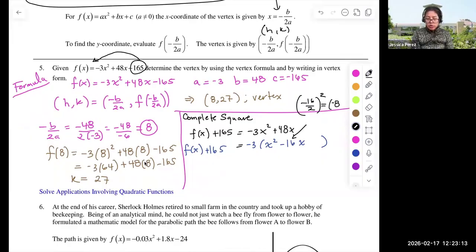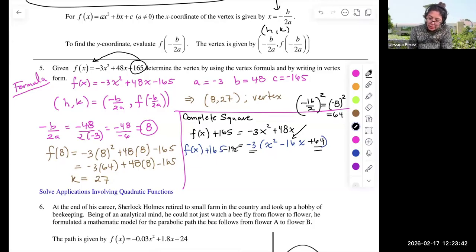That's negative 8. Square that number. That's 64. So I'm going to add 64 here. But what did you do actually? You have a negative 3 and a 64. You're going to have to multiply 3 times 64. You actually subtracted 192.